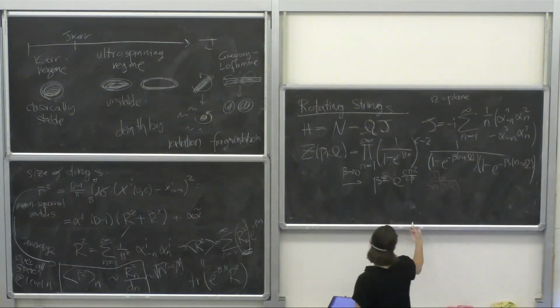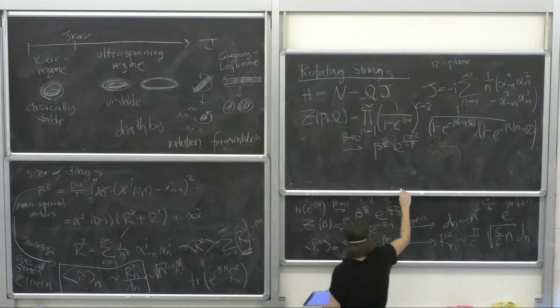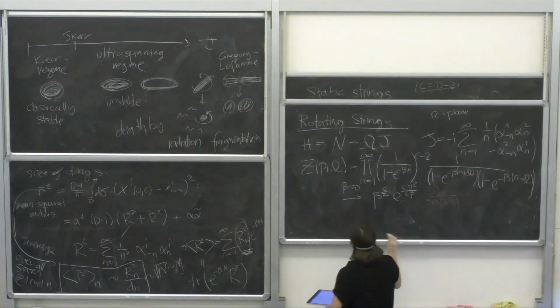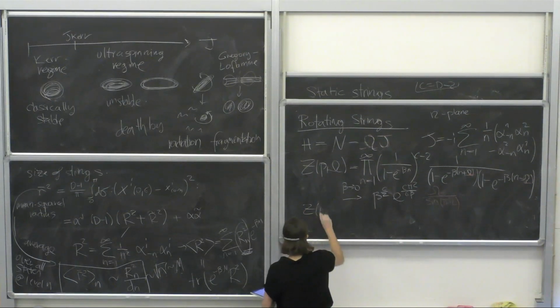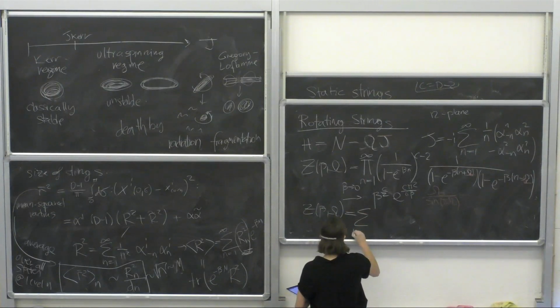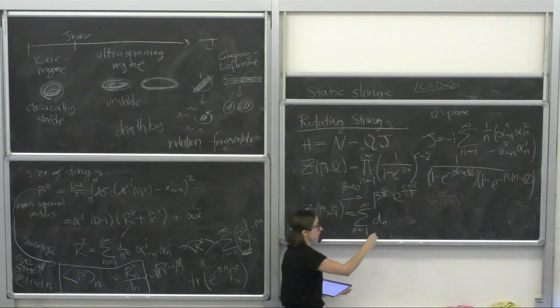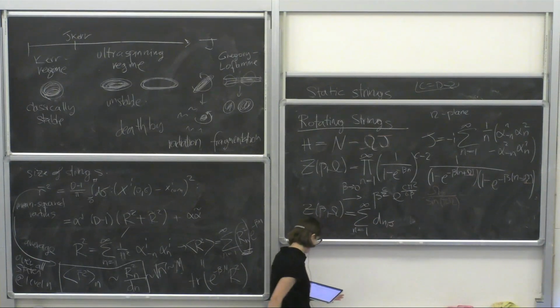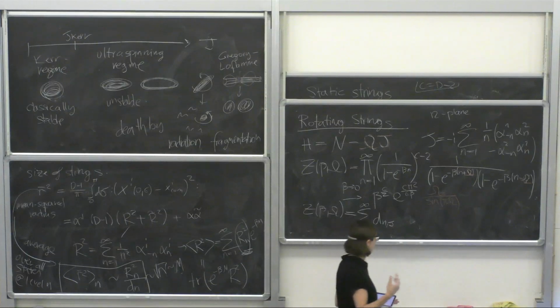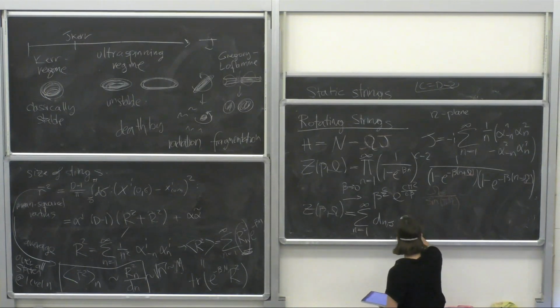And now if we want to extract the density of states like we did here, we have to take this into account. So writing Z of beta, omega as an infinite sum, there is now the density of states, which not only depends on n, but also j. So we have the density of states at fixed excitation level and fixed angular momentum.